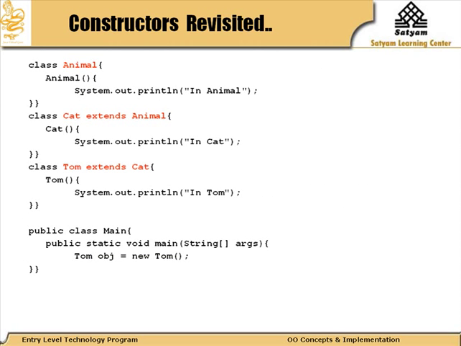Here is an example which shows how the derived class objects are created. In this example, I have three classes: Tom, Cat, and Animal. Tom extends Cat and Cat extends Animal. When I create an object of class Tom, highlighted in blue, the control first moves to Tom's constructor.